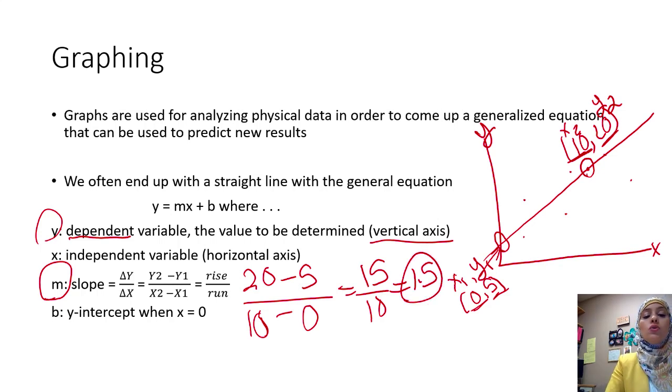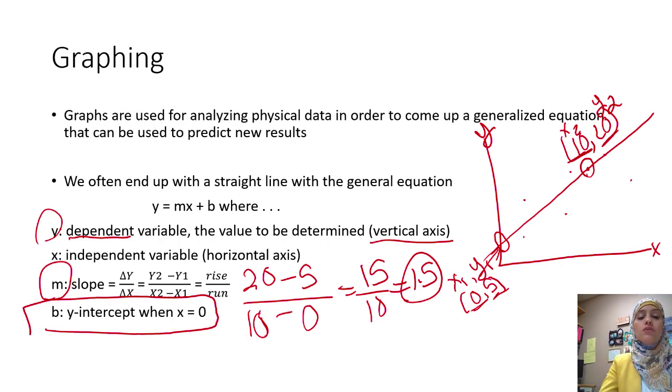If this was real data and I used graphing paper and all that, my slope of the line would be 1.5 units. Now the y-intercept, guys, here's what it really means: when x is 0, what is y?